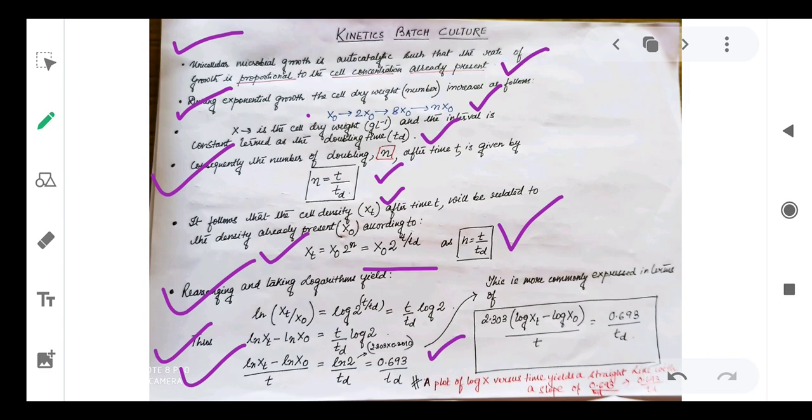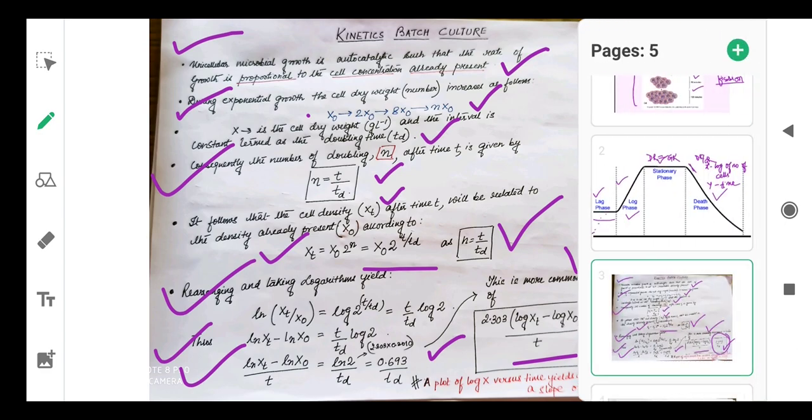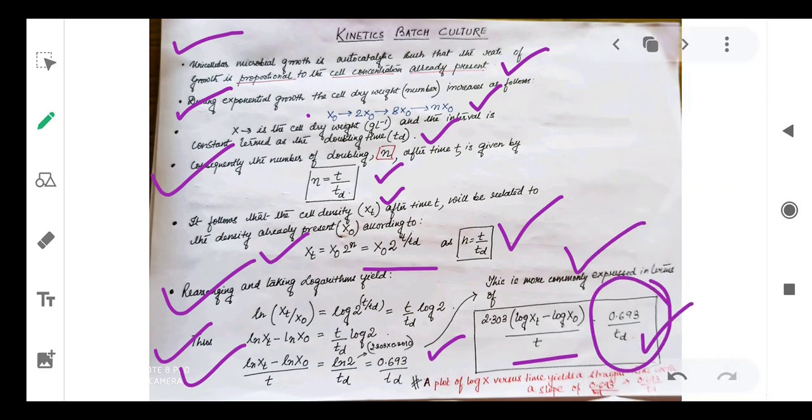This is more commonly expressed as 2.303 log of Xt minus log of X0 by t is equal to, as you have already converted ln 2 over here, 0.693 by Td. So in conclusion, we can say a plot of log X versus time yields a straight line with a specific slope. And what is that slope? That slope is 0.693 by Td. Have you understood from this explanation?